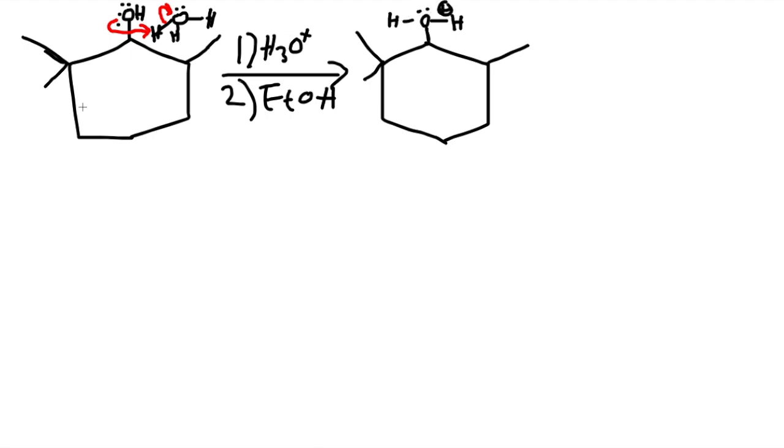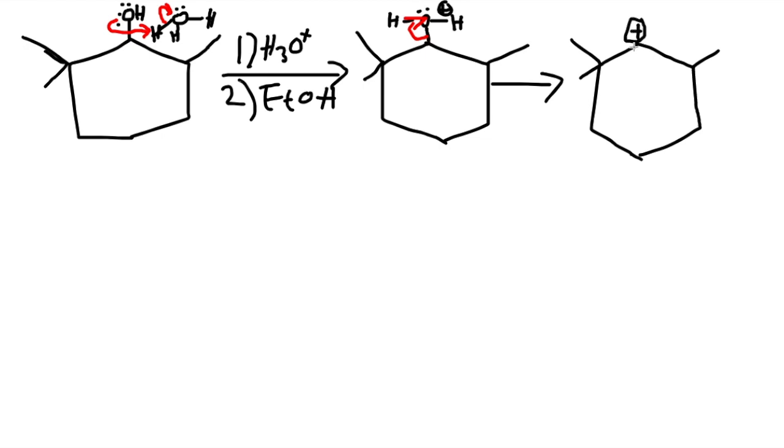Now we are able to kick it off. Leaving group leaves, and so we get a reaction of this. Okay, so the methyl group's here. When you kick it off, we have a positive charge. Now, we see that we need to do something. We see if there's any tertiary or any carbon that is connected to four carbons.